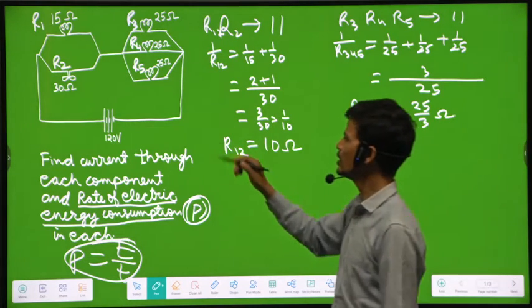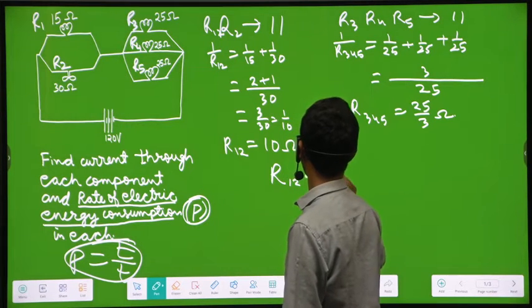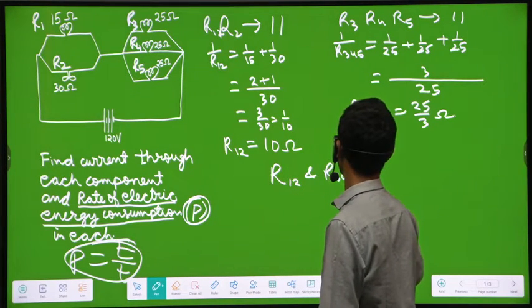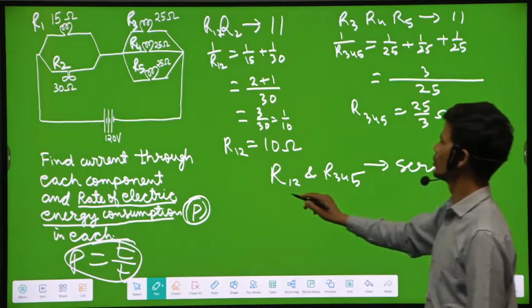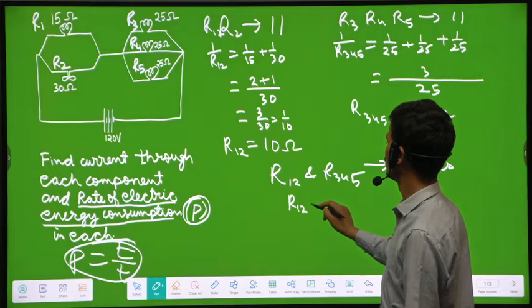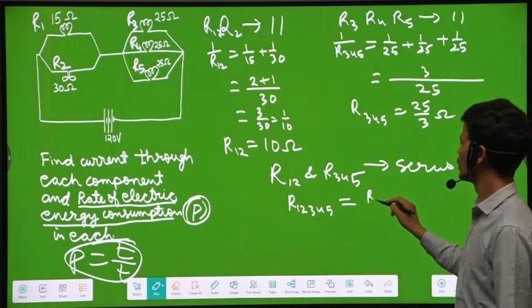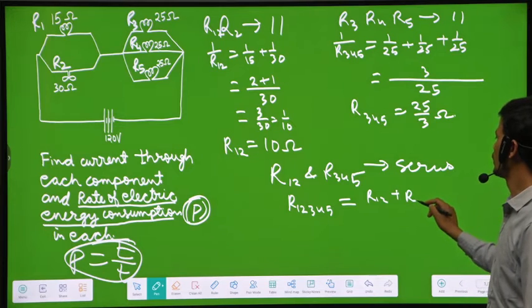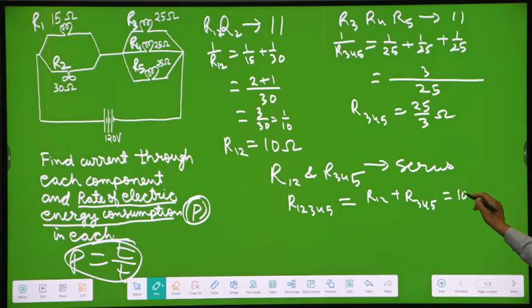And finally, R12 and R345 are in series. So R12345 is equal to the sum of R12 plus R345, which is 10 plus 25 by 3.